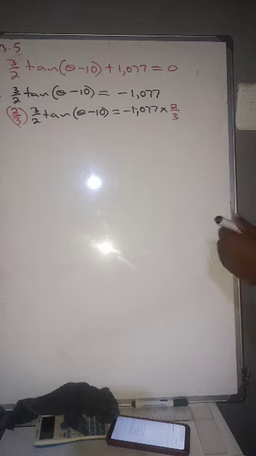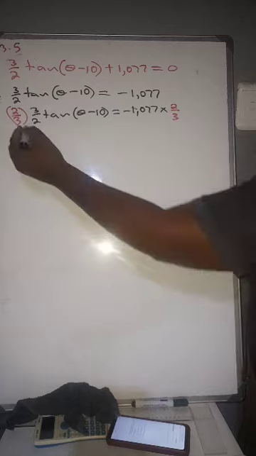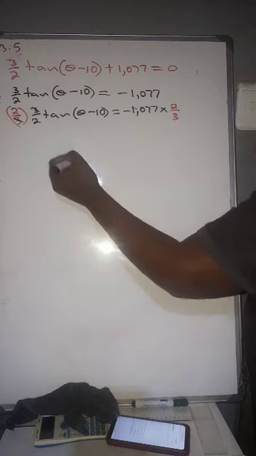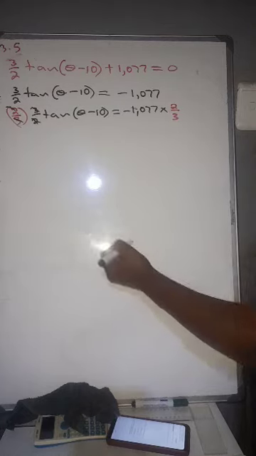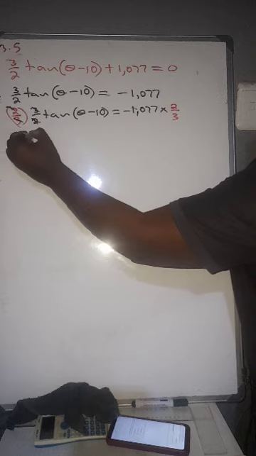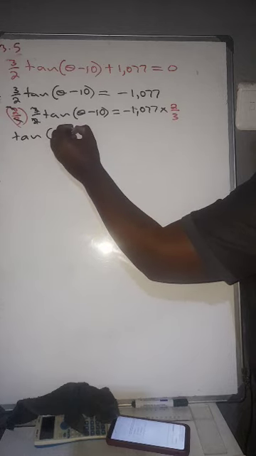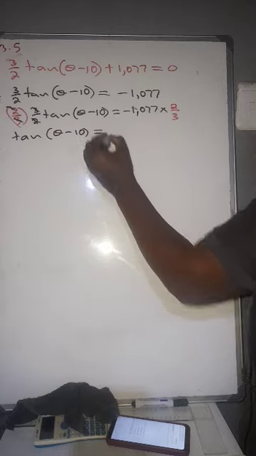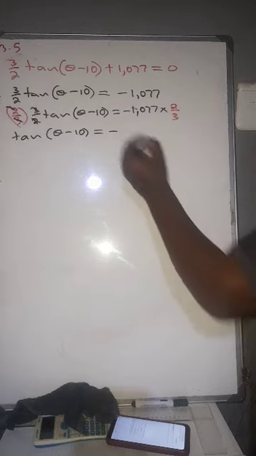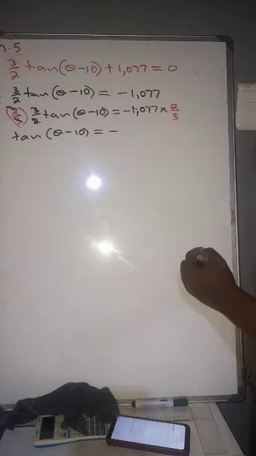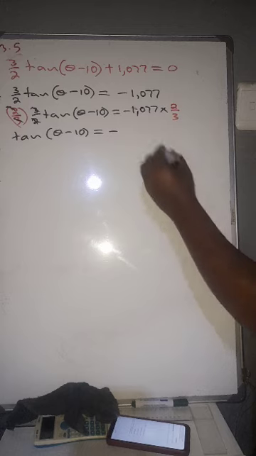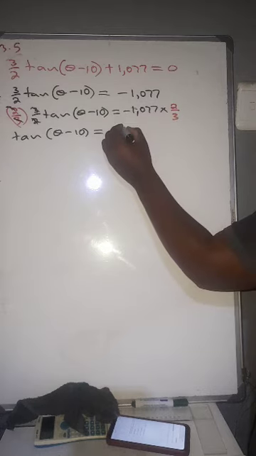This is going to be 3 cancel, 2 cancel. We are left with tan theta minus 10 is equal to negative. When you multiply there, you are left with negative 0.7.